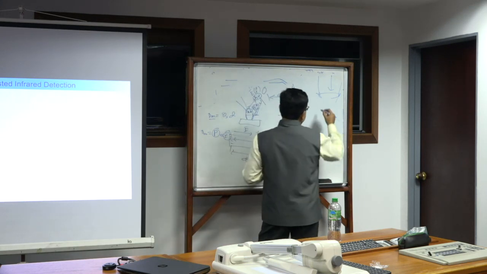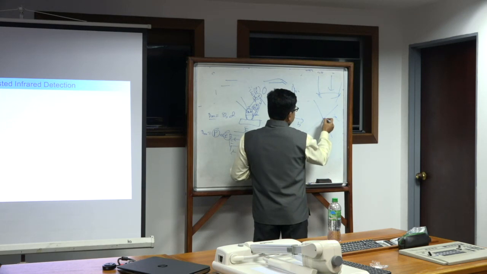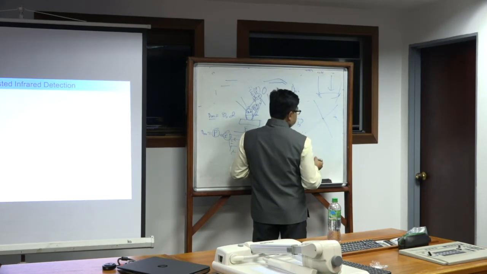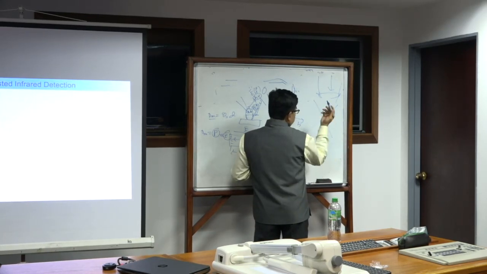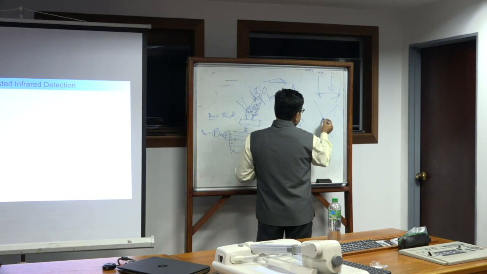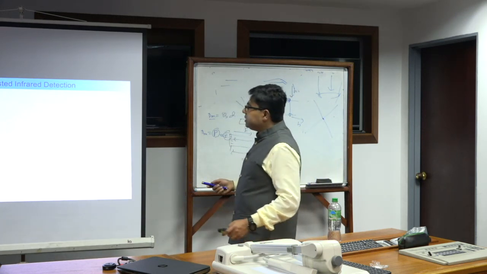That's your photodetector. But now our graphene has no band gap. The valence band touches the conduction band. That means if you apply a voltage, it always carries current. You cannot stop current flowing through it. So it is a semi-metal.